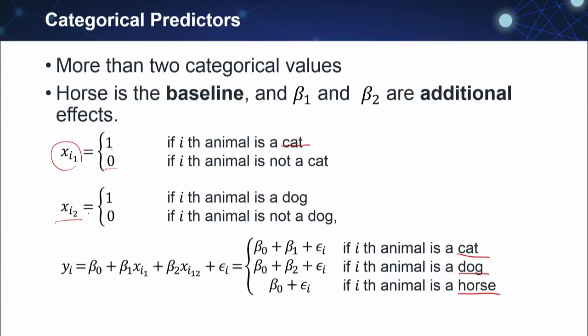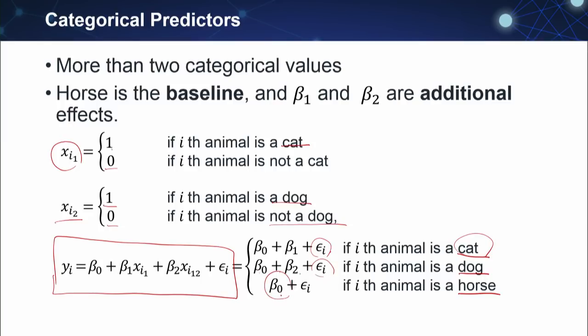And x2 is 1 if it's a dog, or 0 if it's not a dog. Then we can set up this linear equation. If this animal is a cat, the equation becomes beta 0 plus beta 1 plus error. If it's a dog, it is beta 0 plus beta 2 plus error. If it's a horse, just beta 0.